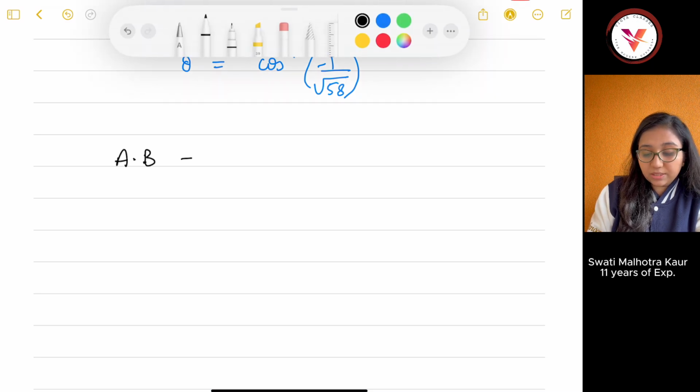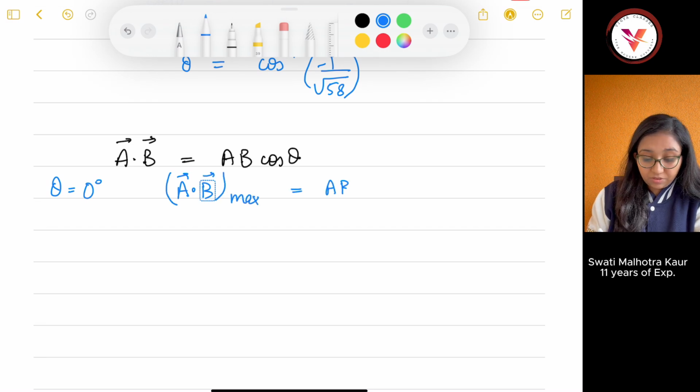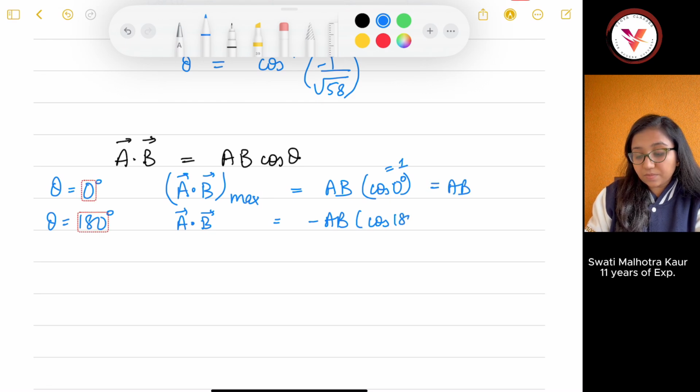We have also learned some cases. A dot b is ab cos theta, and when theta is 0 degree, a dot b has a maximum value, which is equal to ab. If theta is 180 degree, then a dot b is the negative of that value, because cos 0 degree is 1, which gives you ab, and cos 180 degree is minus 1, which gives you minus ab.